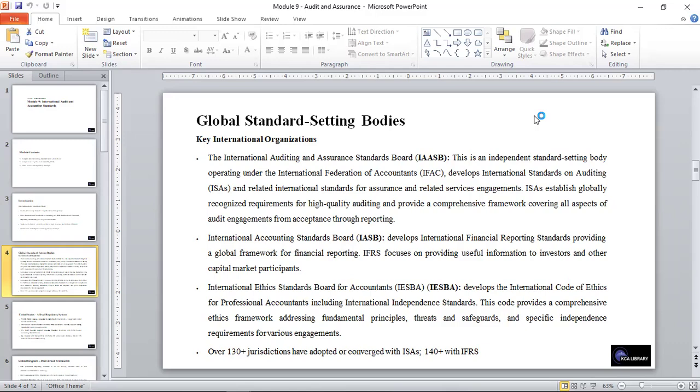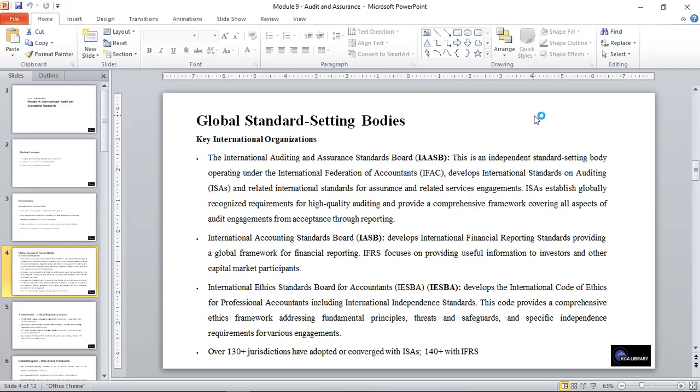Another is the International Accounting Standards Board, IASB, which develops International Financial Reporting Standards, providing a global framework for financial reporting. IFRS focuses on providing useful information to investors and other capital market participants. Another is the International Ethics Standards Board for Accountants, which develops the International Code of Ethics for professional accountants, including the International Independence Standards.